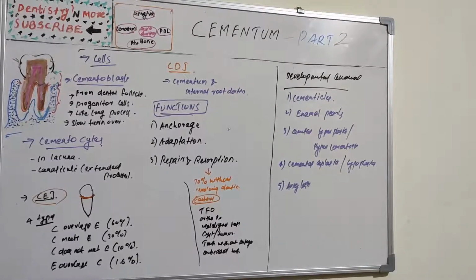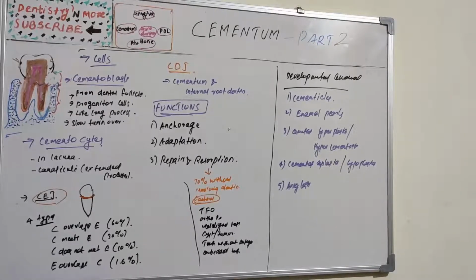Teeth have a special metallic percussion sound, so we can make out whether it is ankylosed or not by tapping on the tooth. We will get a metallic percussion sound. When cementum is exposed to the oral environment, in cases of gingival recession, there will be pocket formation and hypersensitivity.